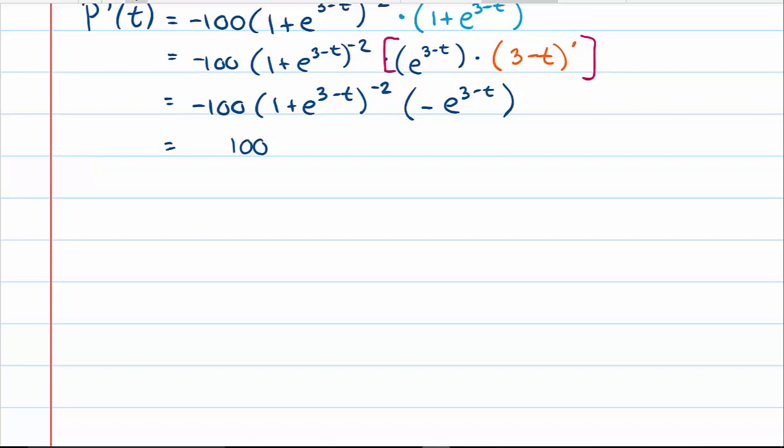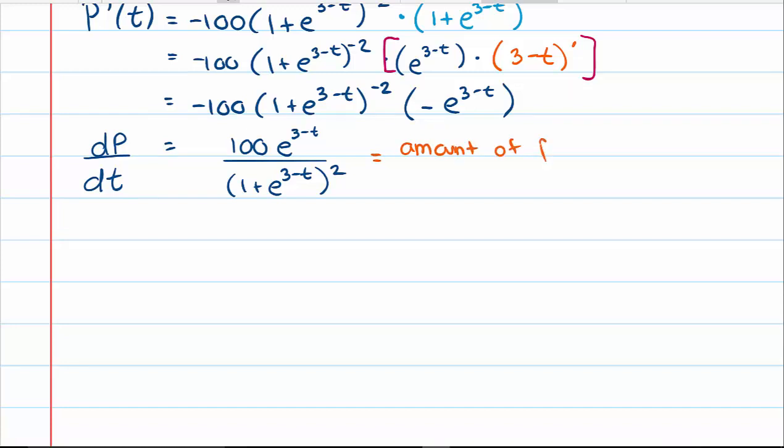So you get positive 100 e to the 3 minus t divided by 1 plus e to the 3 minus t squared. And this represents dP/dt, the derivative of people with respect to time. So this is the rate of change of the amount of people sick divided by the rate of time.